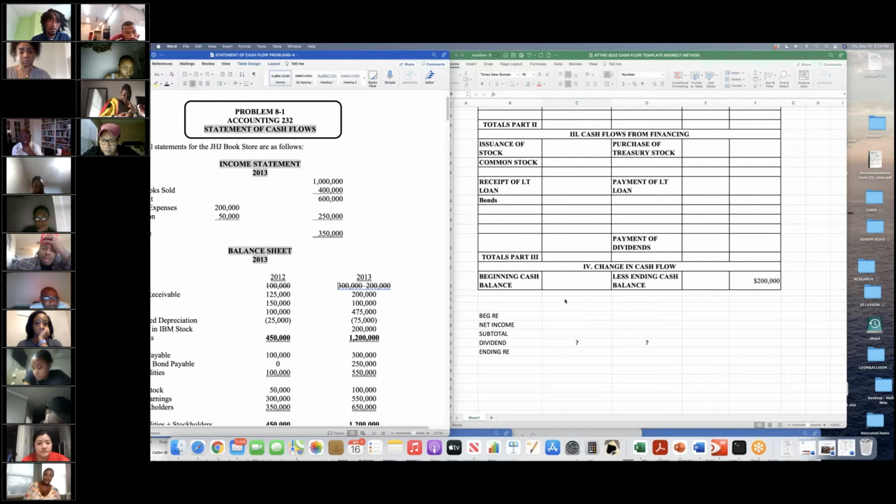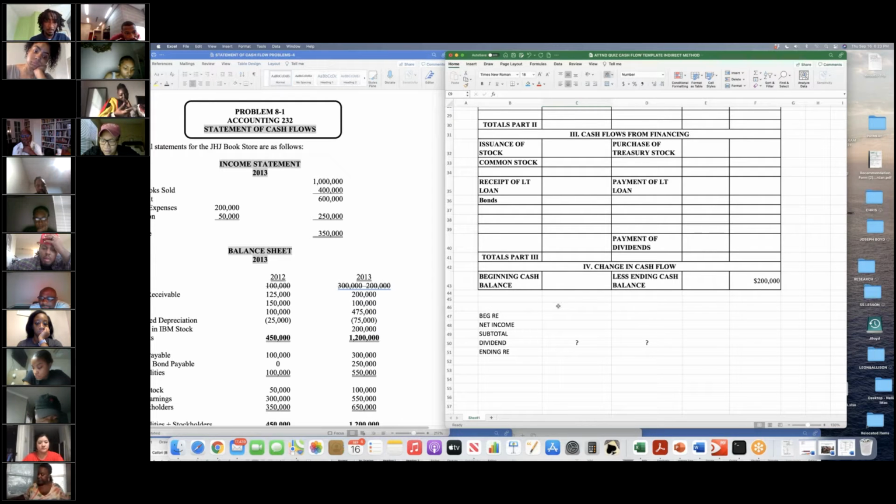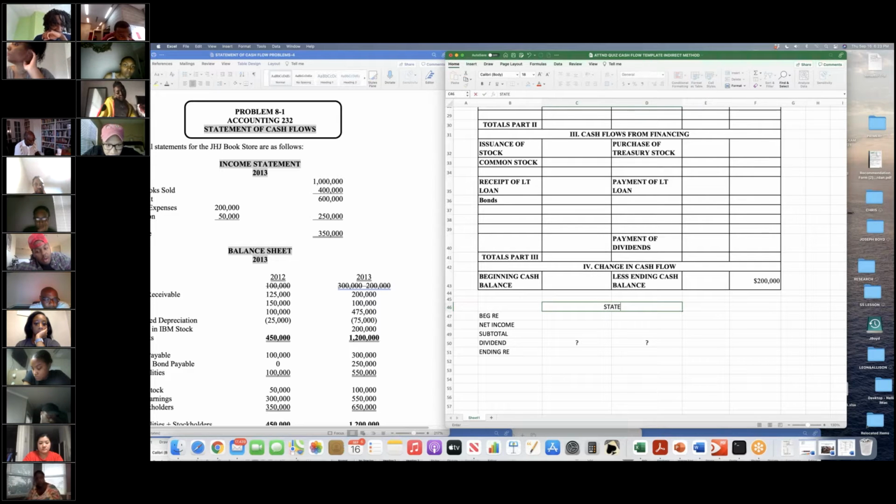What are we doing necessarily? You're doing a statement of retained earnings. Where it says 2013 and then 2012, it's 550,000 and 300,000.